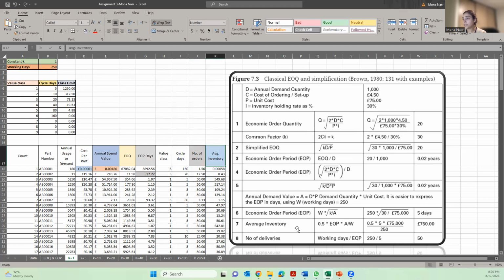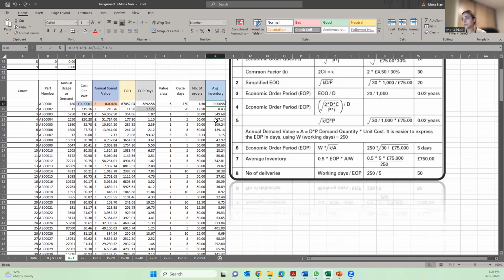And then we go to average inventory. As you can see in this picture, the formula is 0.5 times cycle days times D times W times P. You can see the formula here in the above. It's going to be 0.00058 because of this number here.